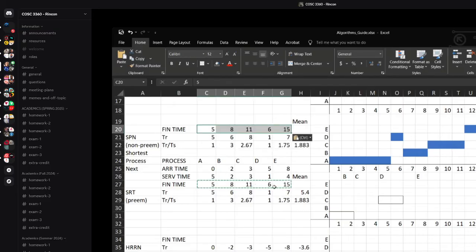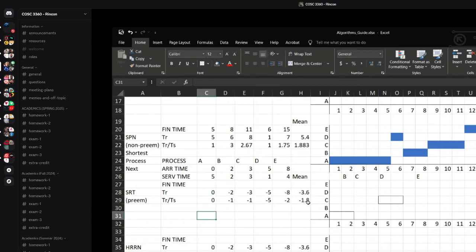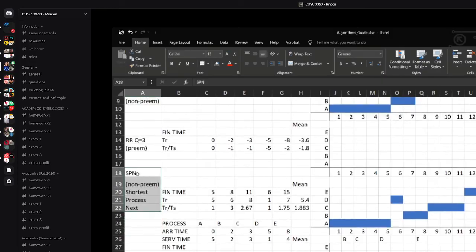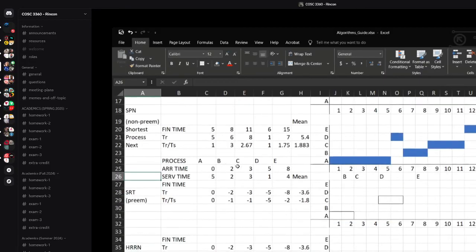I actually mixed up these two, so let me copy and paste this and put it up here instead. Okay, it didn't let me do that. Can I cut this? Okay, perfect. Yeah, so just to not get these two confused. Thank you for that.